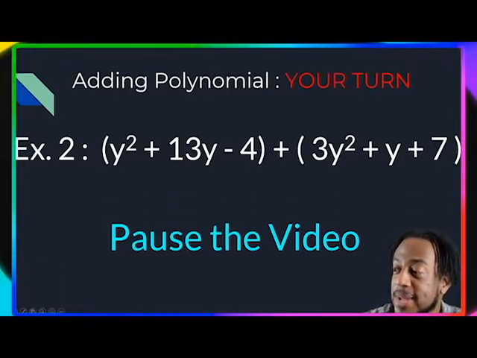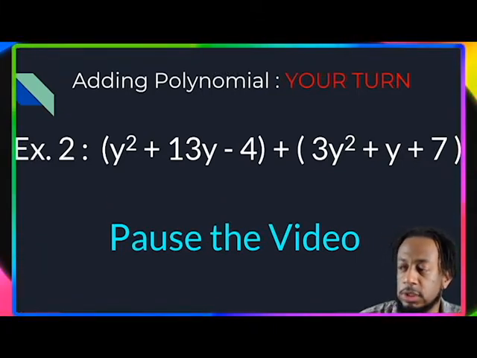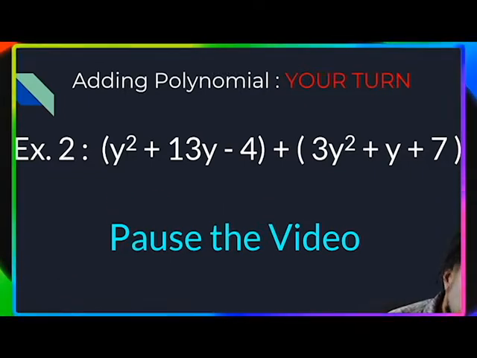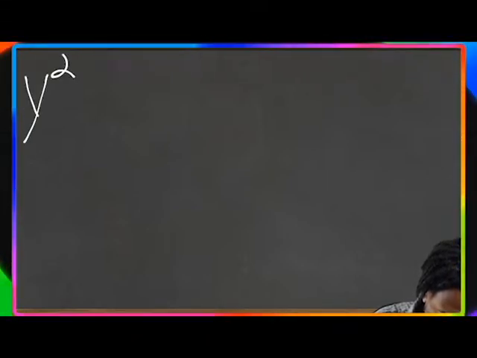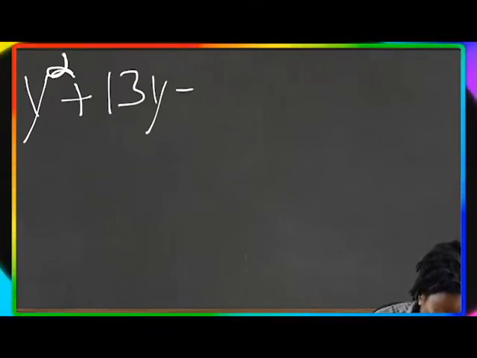All right, we are back. So let's do this one. Let's break this one down. Yes, I have this one right here. Let's go to a new screen. Bye number line. So we got y squared plus 13y minus 4.